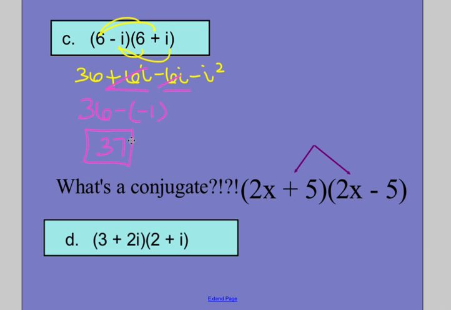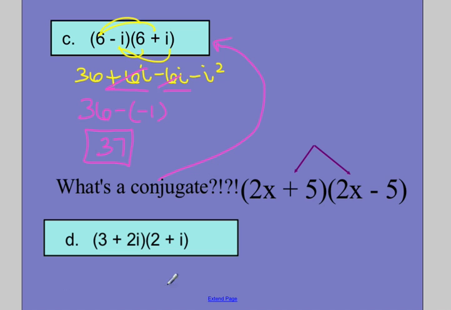And look at it, I was only left with one number. So it's good to notice what a conjugate is, okay? It's the exact same thing. One's positive, one's negative. If I look at D, is that a conjugate? No, they're not the same. The conjugate, for instance, for 2 plus I, if I wanted to know the conjugate of that, it would be 2 minus I. Okay. So take note, this one is a conjugate.